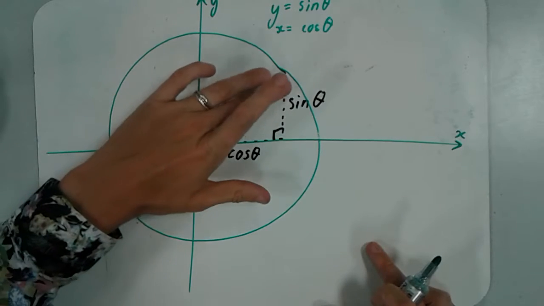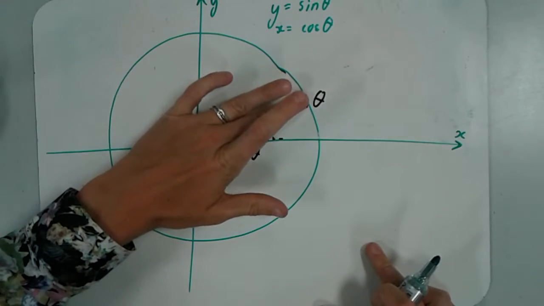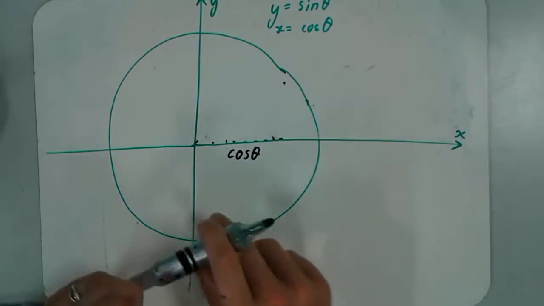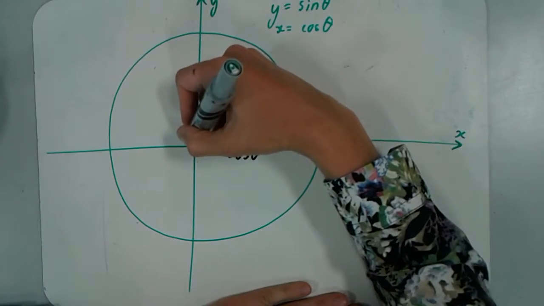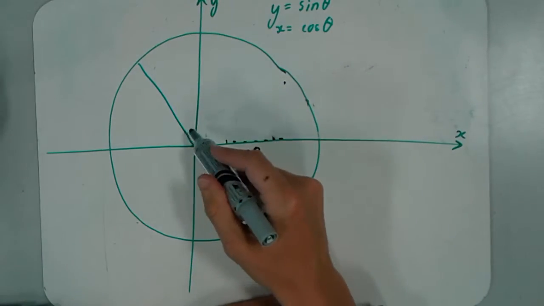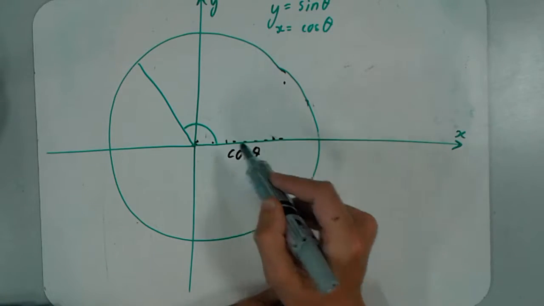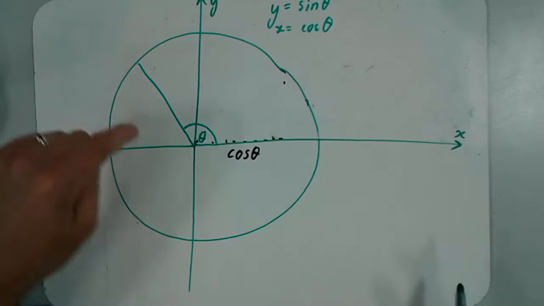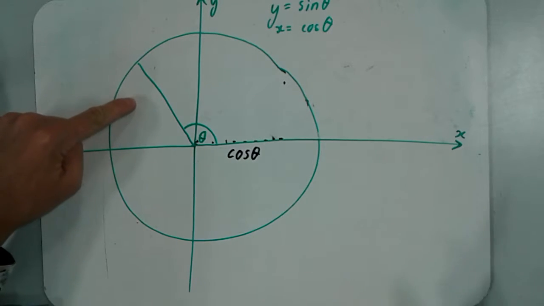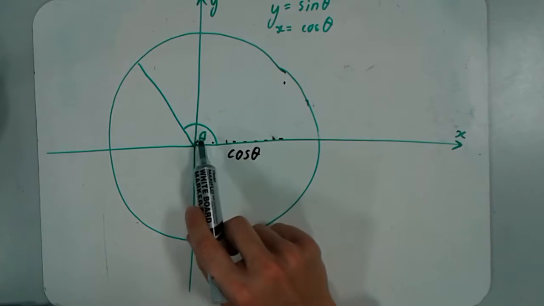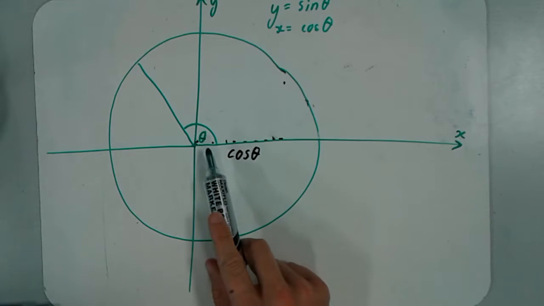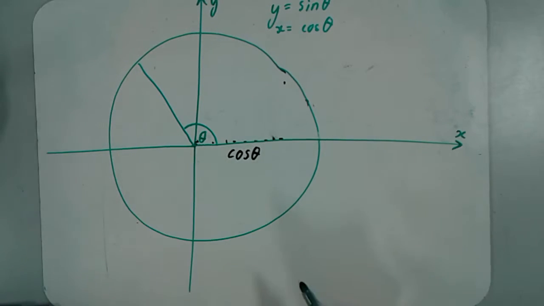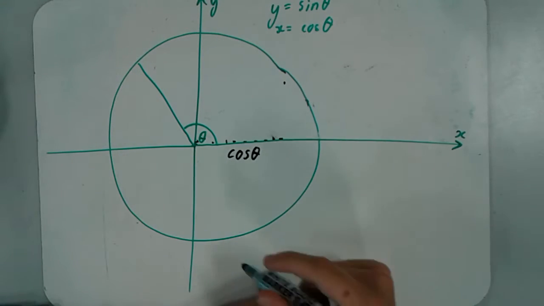So what happens is, as we increase theta, let's say that we now put theta over here somewhere. So we're always going to measure theta from the positive x-axis around. You can now see that in this second quadrant, theta is obtuse. It's greater than 90 degrees, but less than 180 degrees.